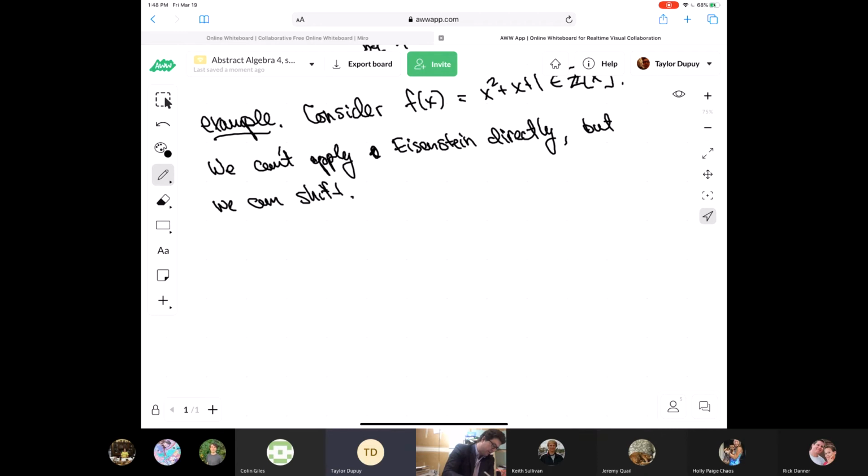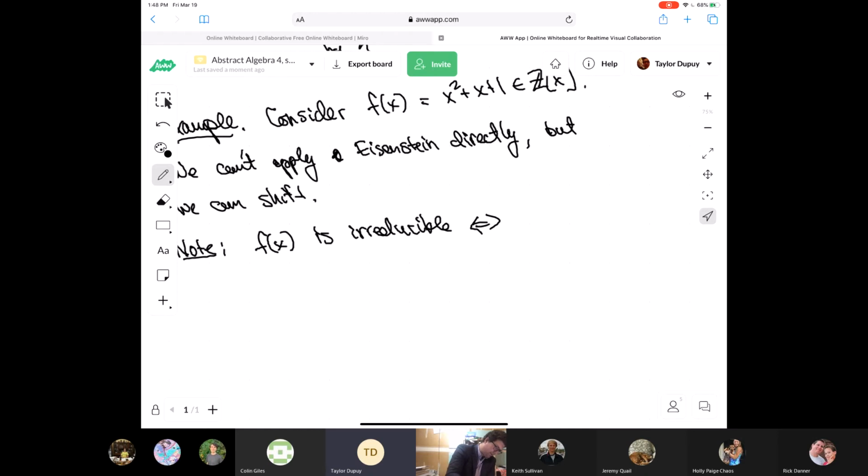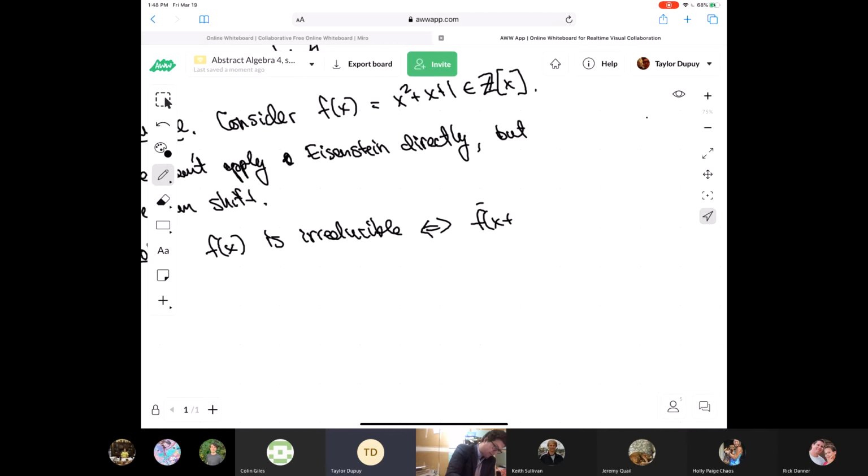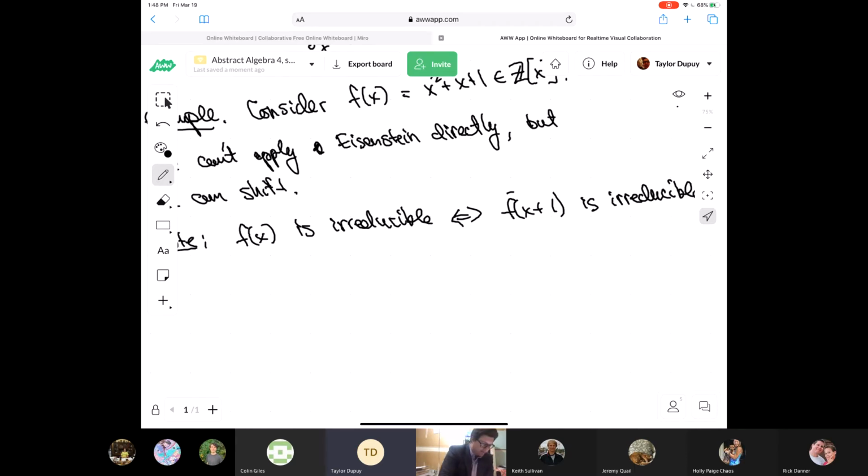Note that f of x is irreducible if and only if f of x plus 1 is irreducible. This is more general, but you can shift the coefficient.